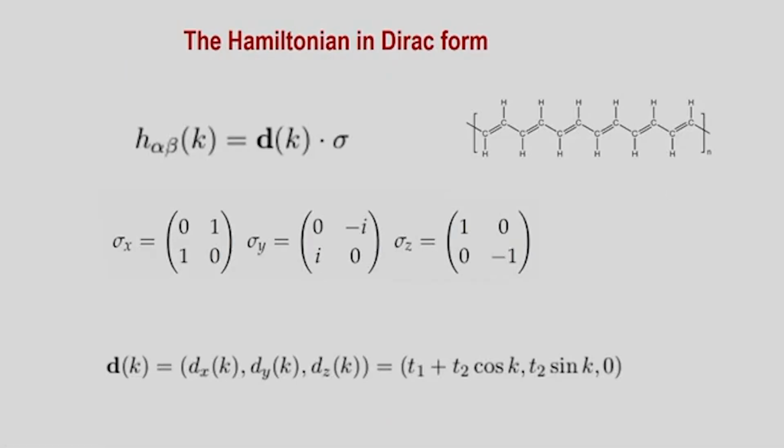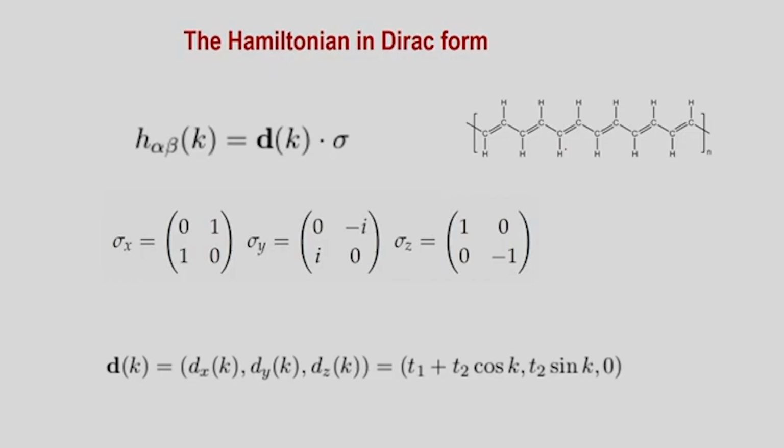So, this allowed us to write down the Hamiltonian in the form of a massless Dirac Hamiltonian, which we have discussed. It is d dot sigma, and we have also said that a possible realization would be this polyacetylene chain, which consists of single bonds and double bonds of carbon atoms. Each of the carbon atoms is connected to a hydrogen atom, but the hydrogen atom is not important in this.